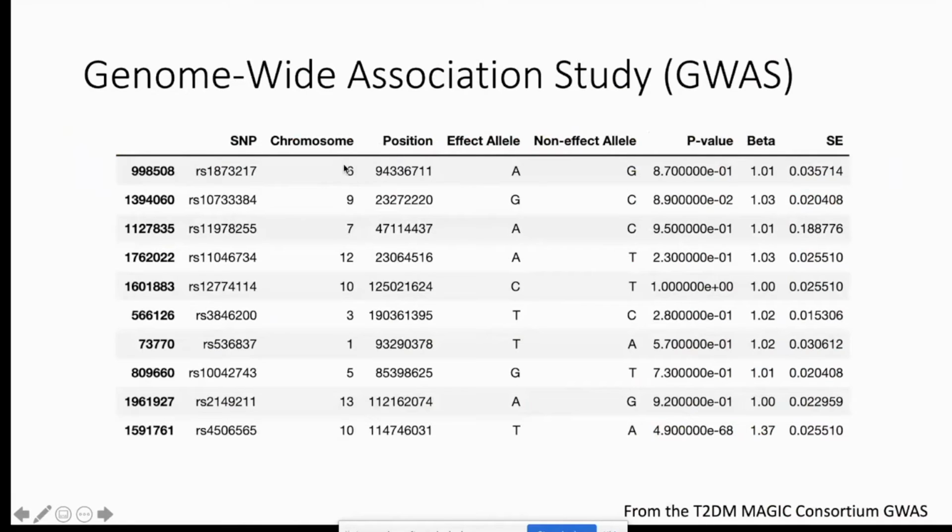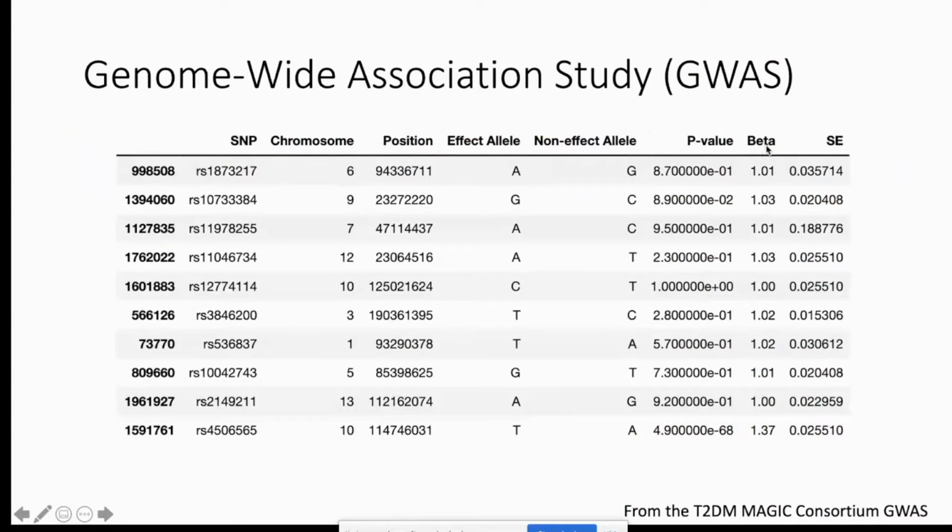So this refers to the fact that at chromosome 6, at this position, if you have the A nucleotide in this position, and because this is type 2 diabetes, the beta here refers to the log odds. I think these have been exponentiated into the odds ratio.